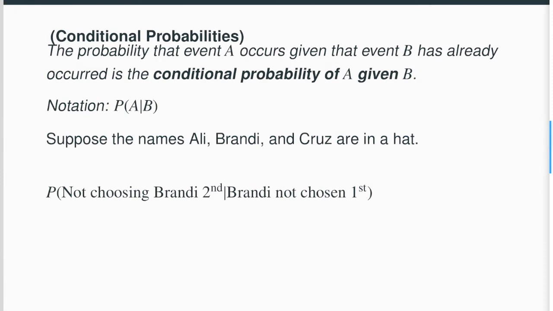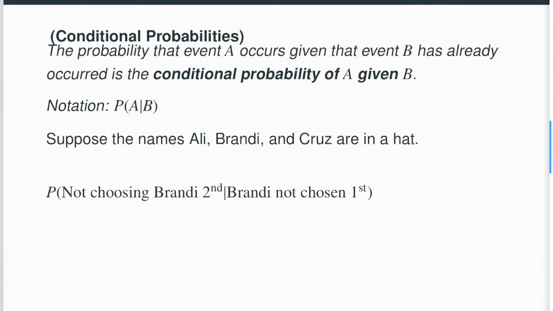We call this the conditional probability of A given B, and we write this with our probability notation where we put this line in between A and B. So let's consider this example we were talking about before.